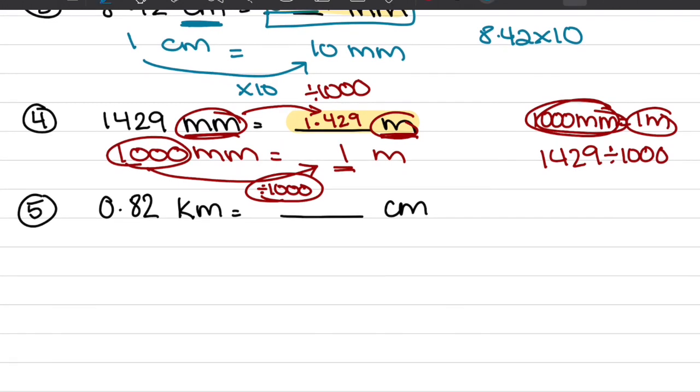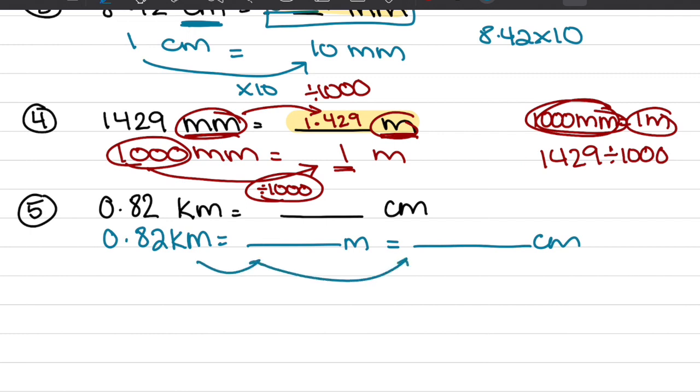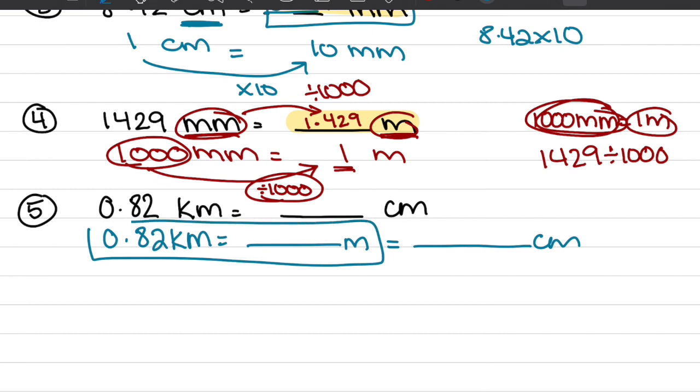So let's go from 0.82 kilometers to meters first. Once we figure that out, we're going to go from meters to centimeters. So we're going to go in 2 steps. All right, so we're going to focus on this part only and ignore everything else. So how do we convert from kilometers to meters? Well, the property says that there's 1,000 meters in 1 kilometer. So now I'm going to line these up.